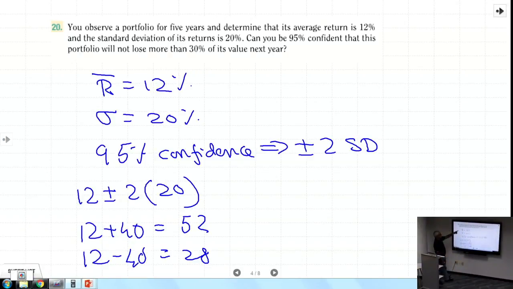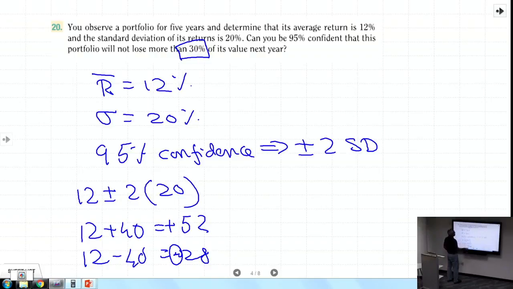So the question is, can you be 95% confident that the portfolio will not lose more than 30% of its value next year? So this is plus 52 to minus 28. Since the low end of the prediction interval is minus 28, the most it can lose is 28%, which means it will not lose more than 30%.